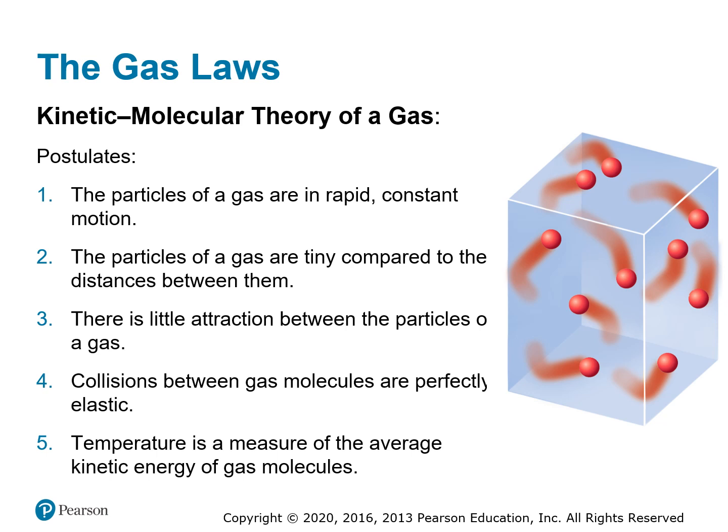First, the particles of a gas are in rapid, constant movement. When you see this tail, this is just showing the molecules moving. Typically you will see pictures with longer tails indicating faster movement, or shorter tails for slower.